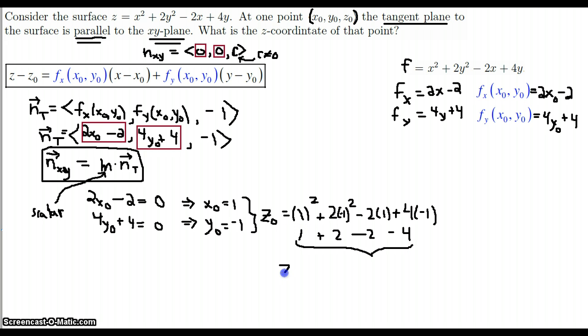And so z naught is negative 3. And that would be your answer to the question. Okay, great.